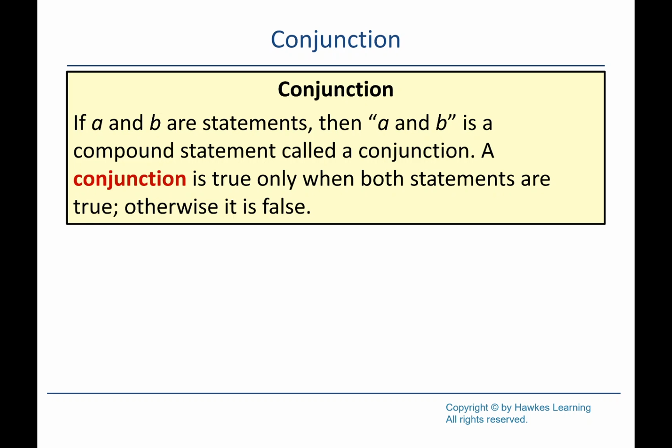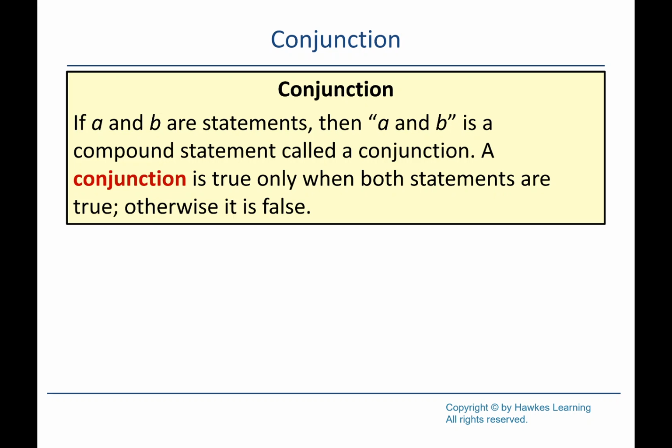The idea about what happens with our truth value is that in order for the whole statement to be true, both of the smaller statements have to be true. The way it's worded here, a conjunction is true only when both statements are true. Otherwise, it's false. So and is kind of like saying both of these have to be true.